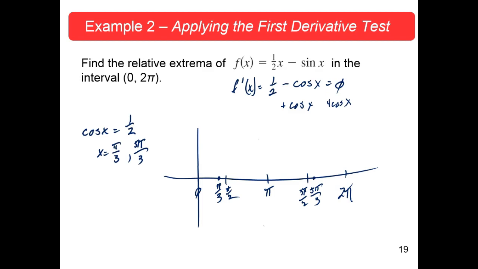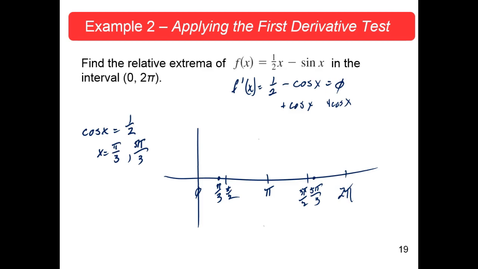Now, f of x is a smooth continuous function made up of a polynomial function, which is smooth and continuous, and a sine or a cosine, which is smooth and continuous. So we won't have any places where the first derivative is not defined. So all we're interested in is where the first derivative is 0.